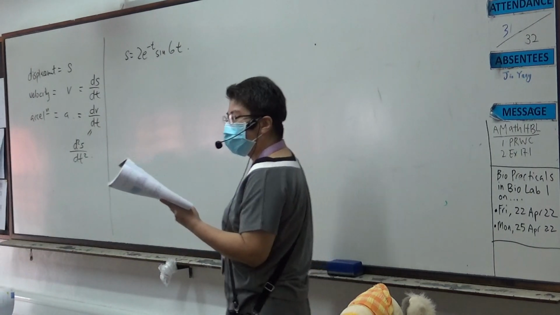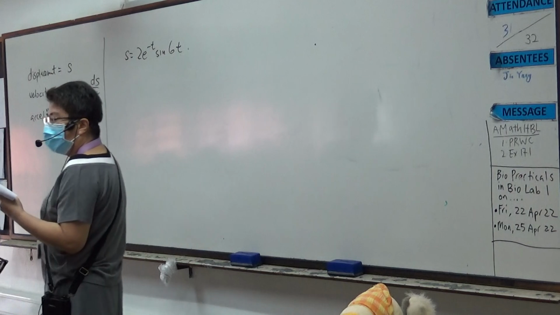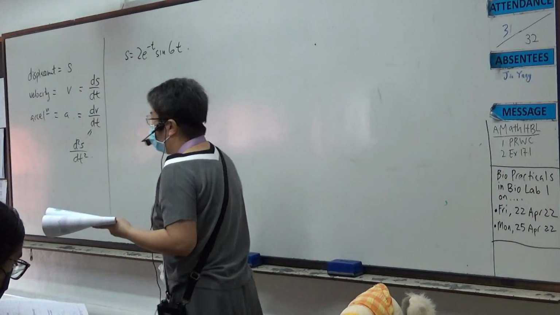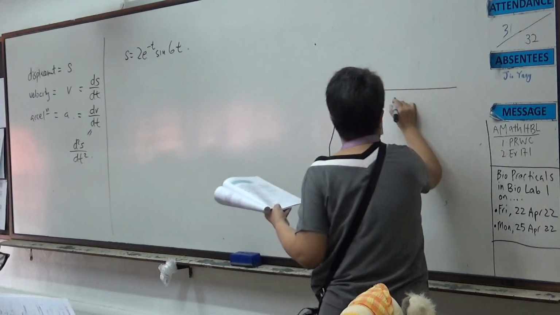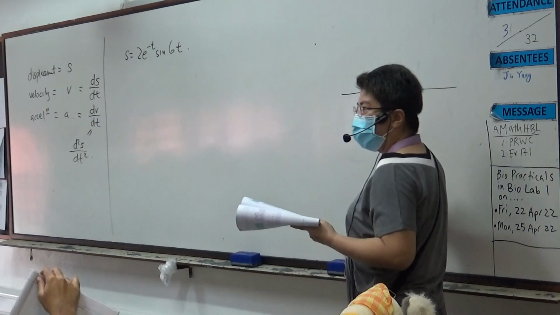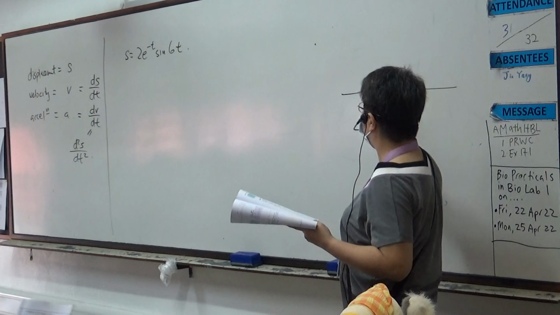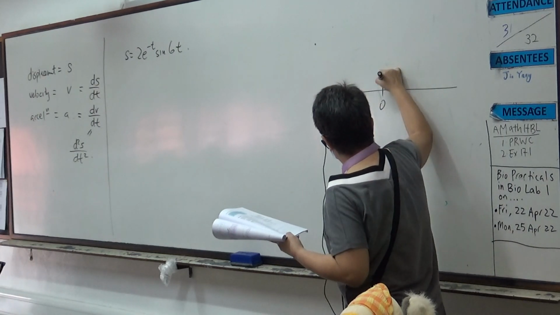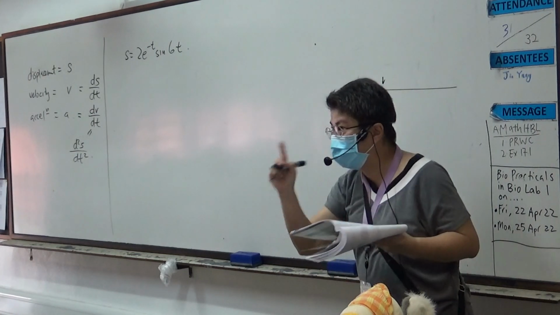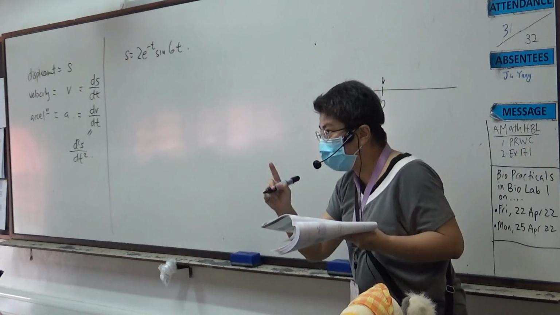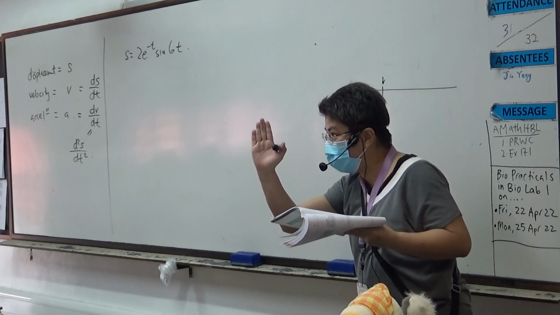Okay, now next, part 1. Find the value of t when the particle first returns to O. This thing moves and then it must return to O. Now, do you agree that when it returns to O, s is 0? Correct. That means there's no displacement. Everybody okay?